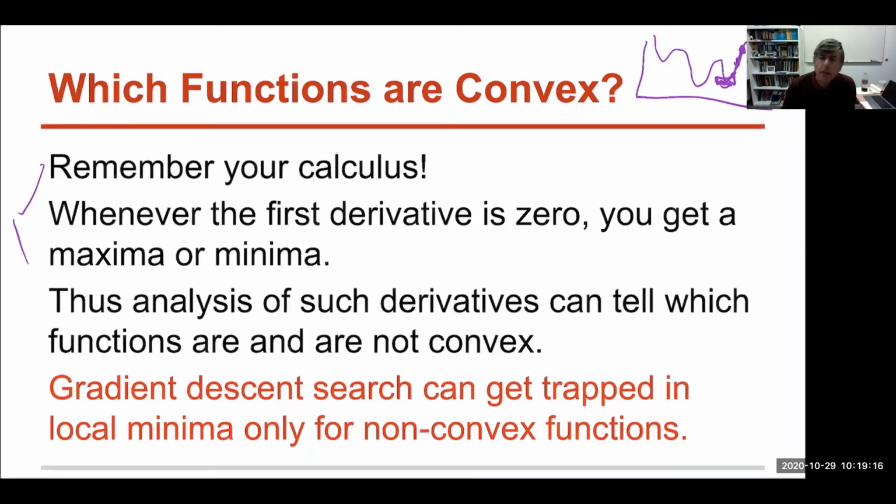Does that mean they can't use gradient descent search? The answer is no. But it means they aren't guaranteed the absolute minimum. There are various tricks you can use to try to find a better minima.